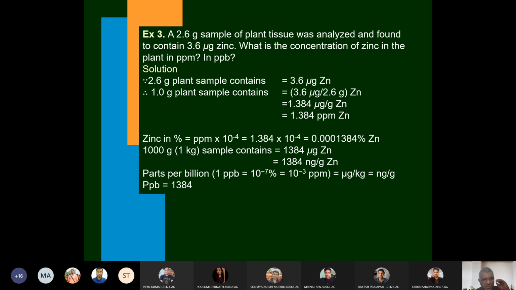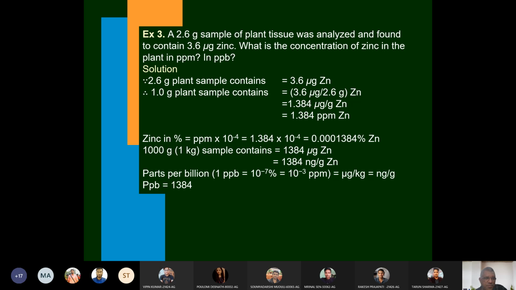Now you see the solution. 2.6 gram plant sample contains 3.6 microgram zinc. Therefore, 1 gram plant sample contains 3.6 microgram divided by 2.6 gram zinc. So it is 1.384 microgram per gram zinc, or you can say ppm also, because microgram per gram is equivalent to ppm.